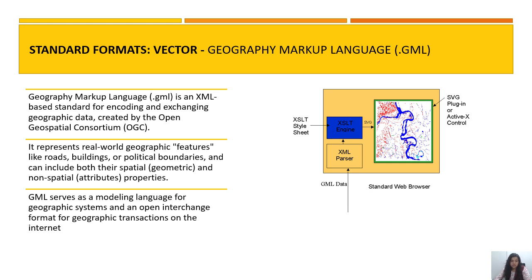This gives an opportunity for analysts and designers. It serves as a complete modeling language for geographical systems and an open interchangeable format, which helps proper transactions on the internet and cloud databases. So this is about vector data sets.